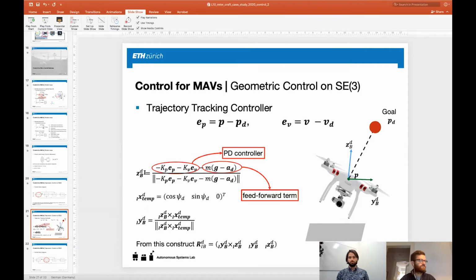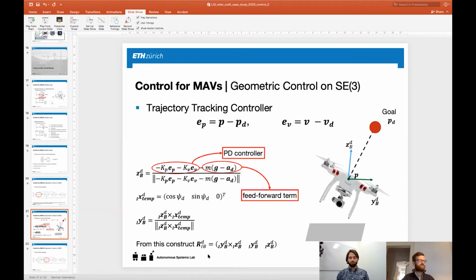And so then this previously computed z-axis together with the temporary x-axis gives us a y-axis by the cross product, because we know that in the attitude reference frame, all the axes have to be perpendicular. So we just use the cross product. And then once we have the z and the y-axis, we can finally create the x-axis by, again, the cross product.